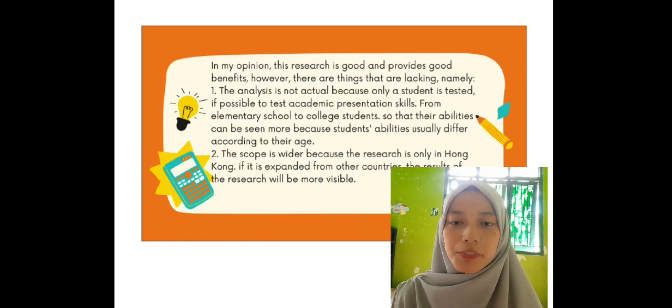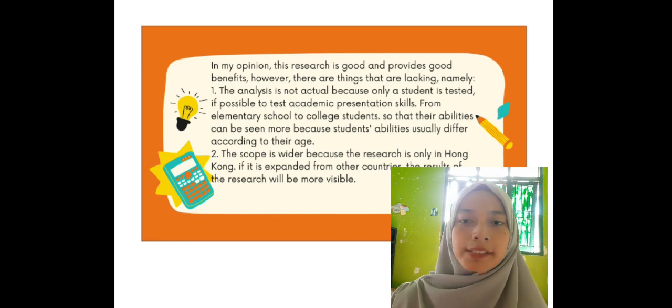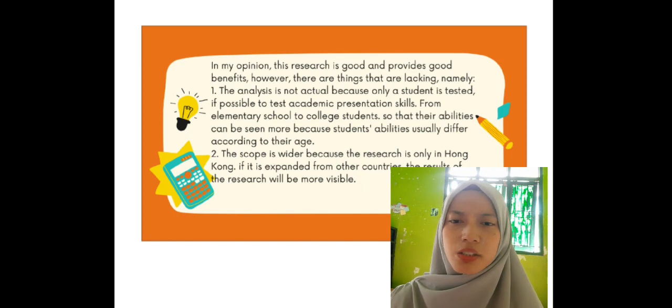Okay, number four, in my opinion, this research is good and provides good benefit. However, there are things that are lacking. Namely, one, the analysis is not actual because only one student group is tested.